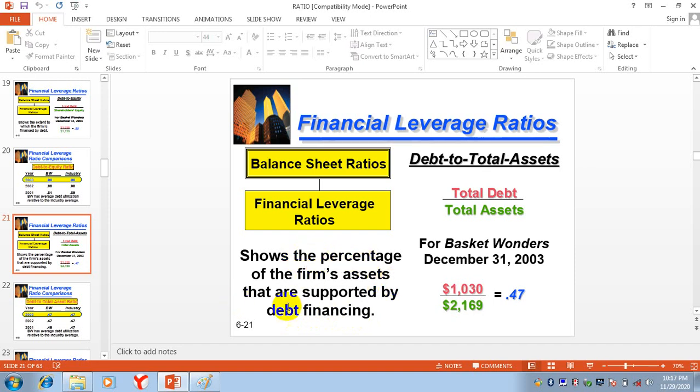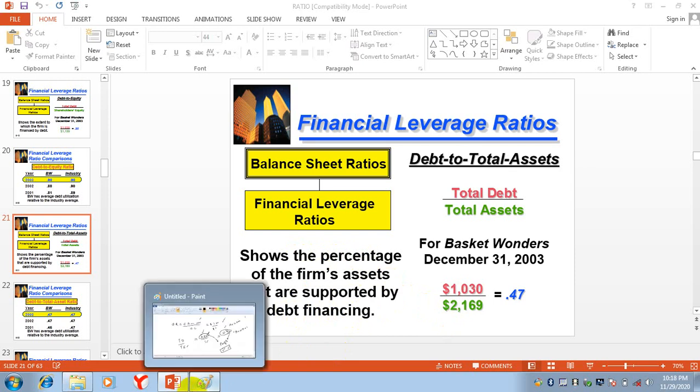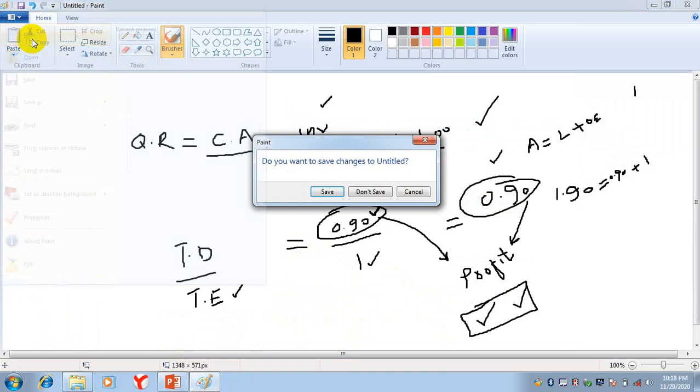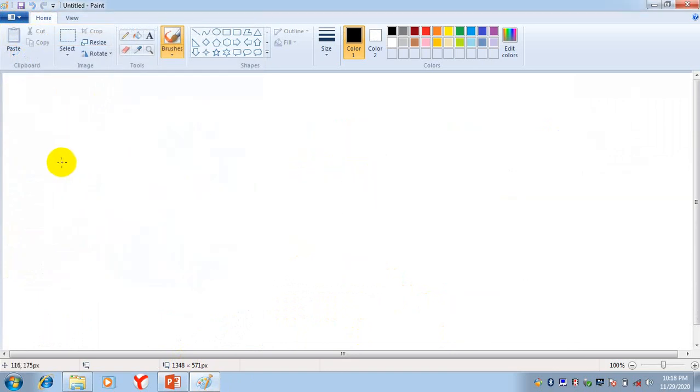Means suppose your total assets are 100%. So out of this 100%, what is the percentage of debt and what is the percentage of equity?